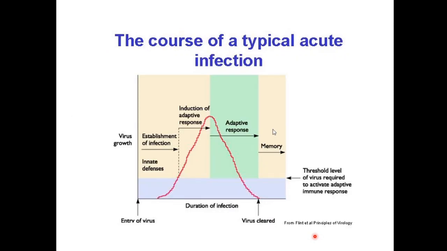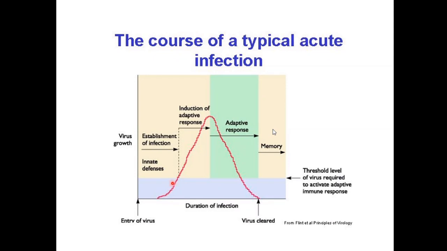So the course of typical acute infection: once the viruses get in and establish infection, that means they have already overcome the physical barrier and the innate immune defense. Then it starts replication at the site of entry, or close to the site of entry.